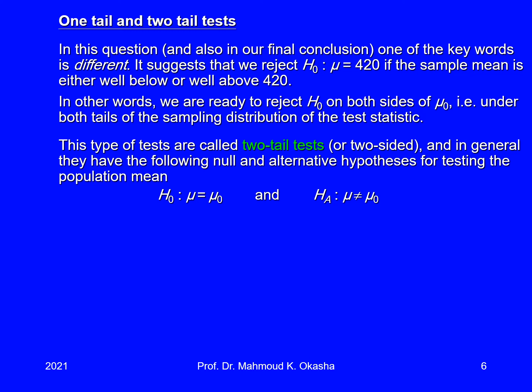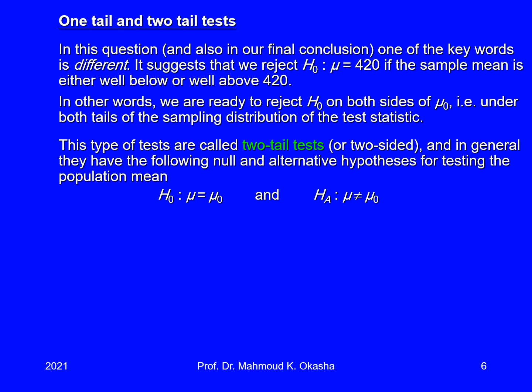So again, if H naught is mu equals mu naught, and the alternative hypothesis is mu is not equal to mu naught, then we reject the null hypothesis if mu is greater than mu naught, or if mu is less than mu naught.